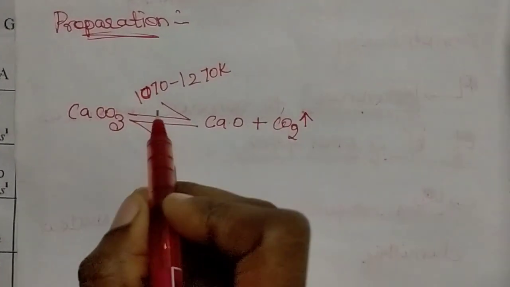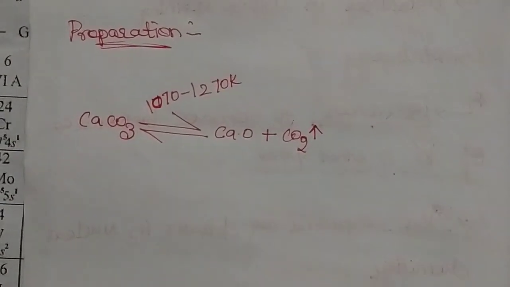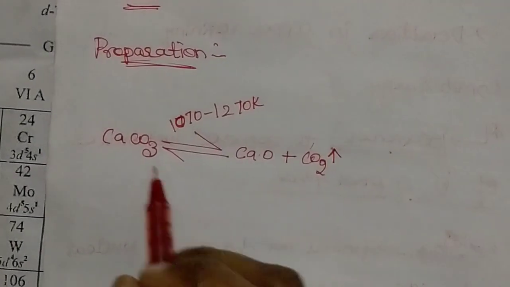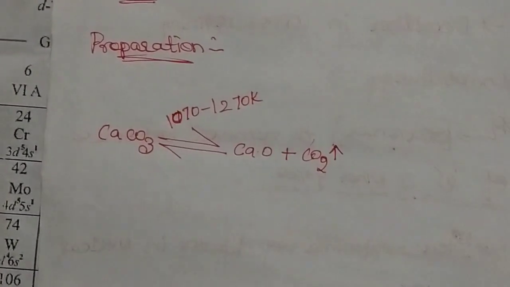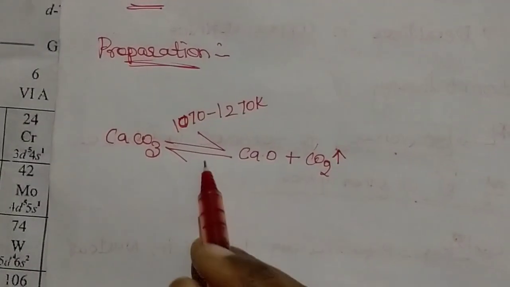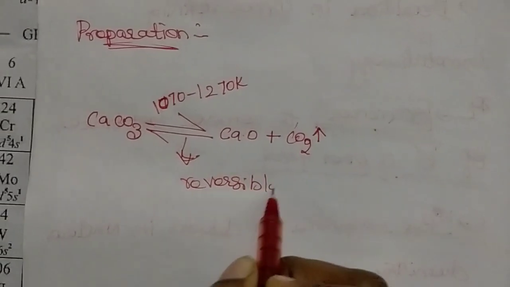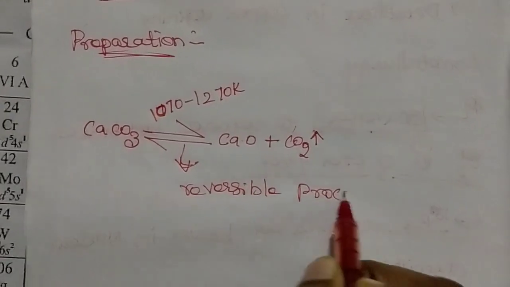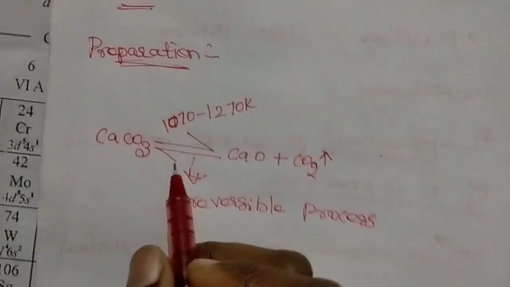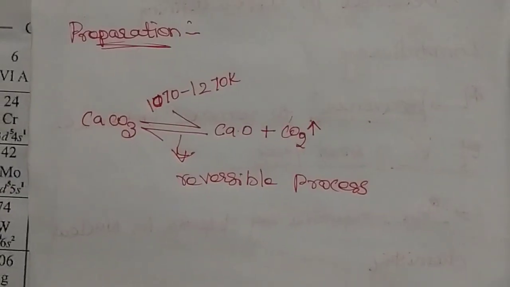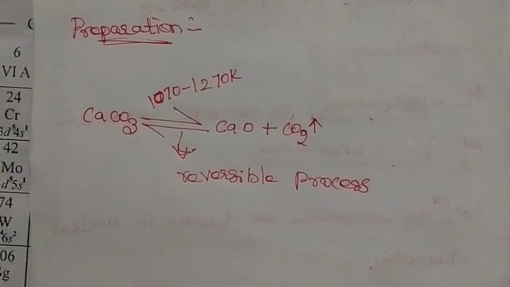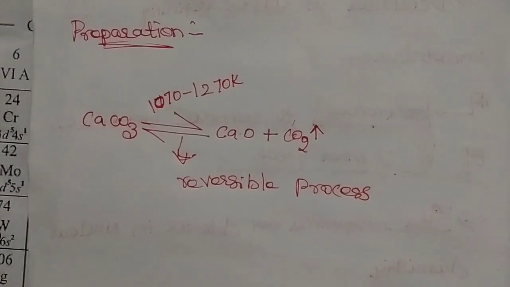You can see we put a symbol here between the reactant and product. The symbol indicates it is a reversible process.